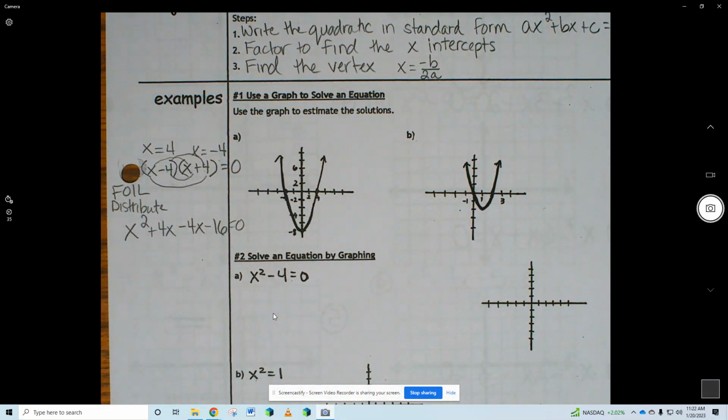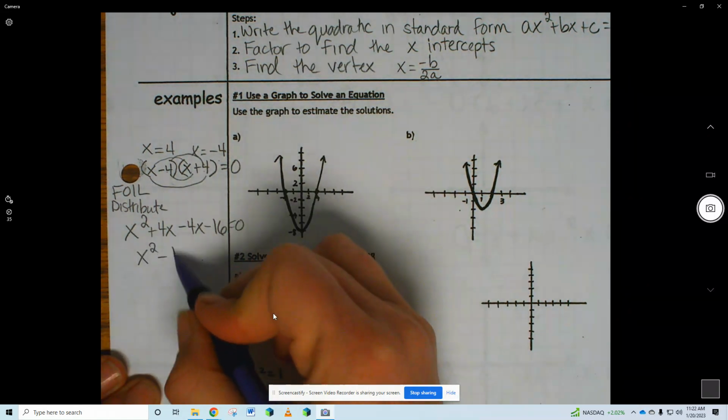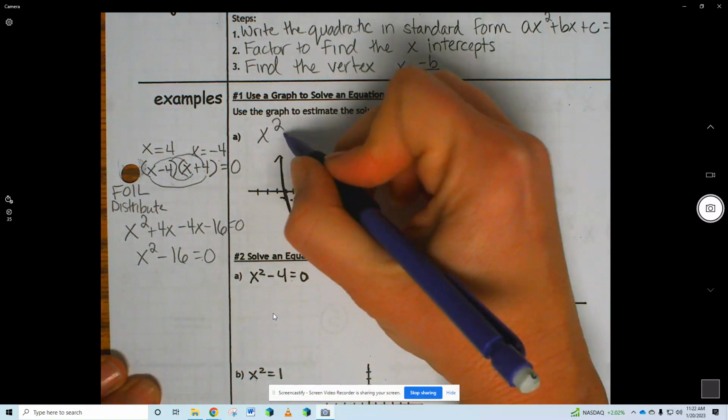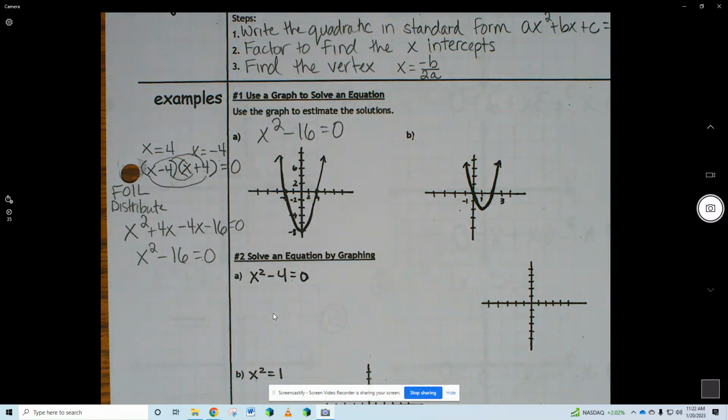Positive 4x and negative 4x cancel to make 0. X squared minus 16 equals 0. That's the answer to my equation. X squared minus 16 equals 0. So given a graph, I had to make the equation.